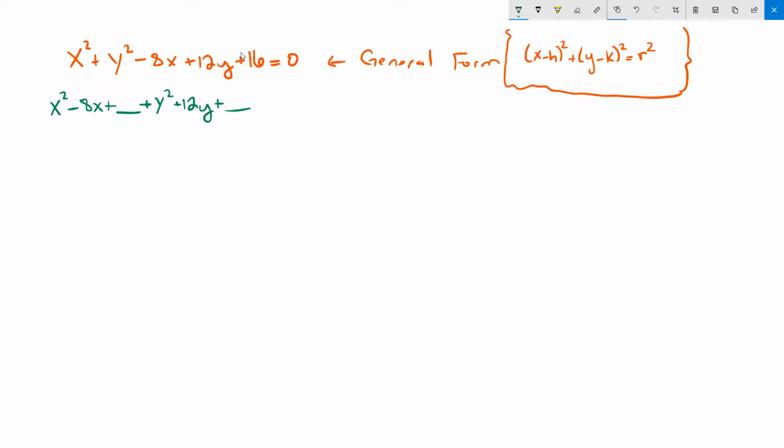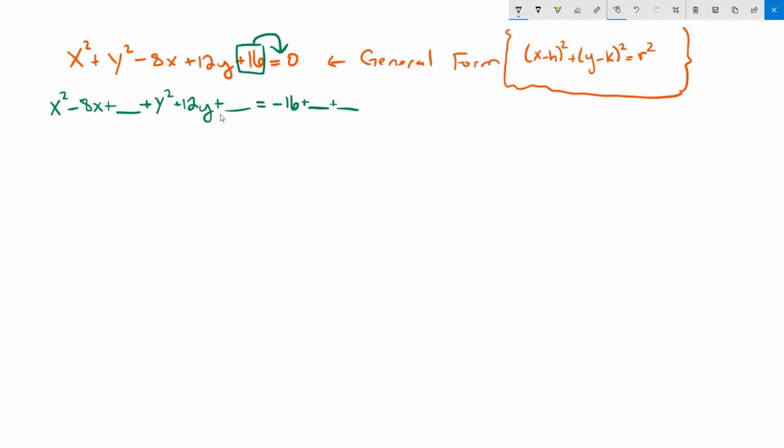Also, off the bat, you should move this constant over to the other side, so this is going to be equal to negative 16. Then I'm also going to do two little boxes right here, and this has to do with these other lines right here. I'll show you why I'm doing these.